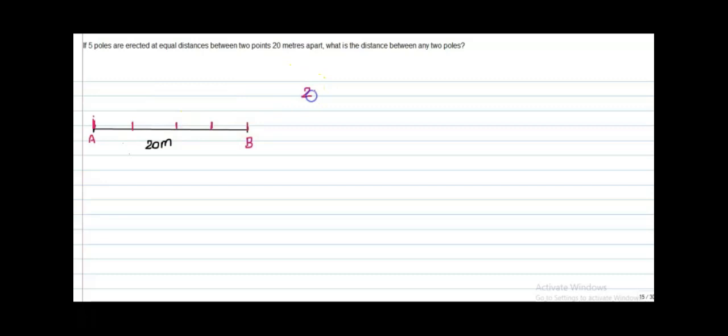So distance in between A and B is 20, which is divided into 4 parts. That is nothing but 5 meters. Right? So distance between any 2 poles is equal to 5 meters. We move on to the next question.